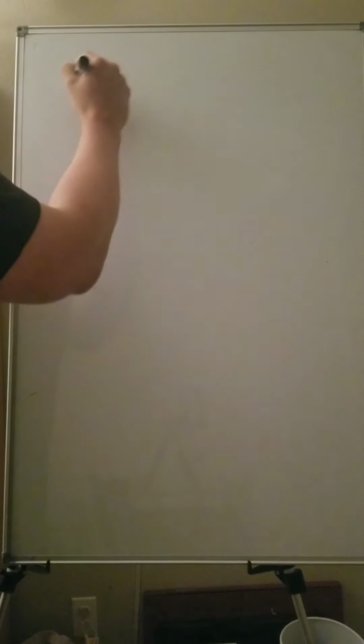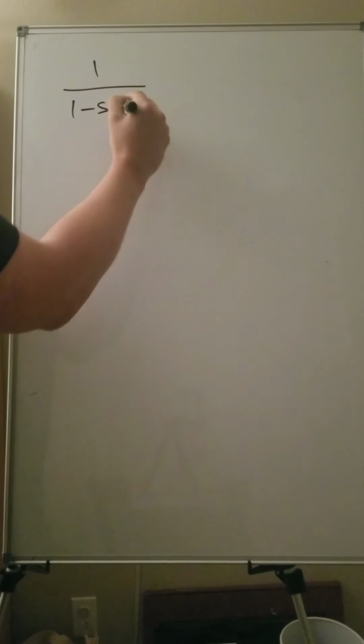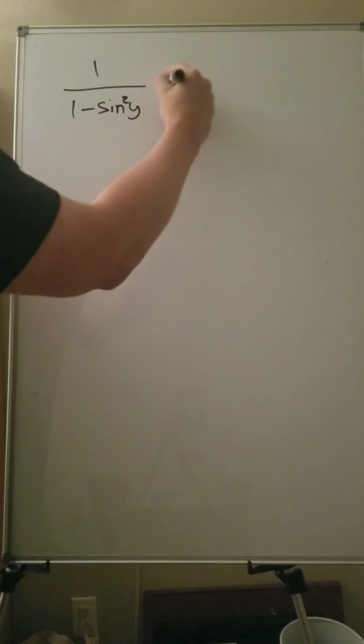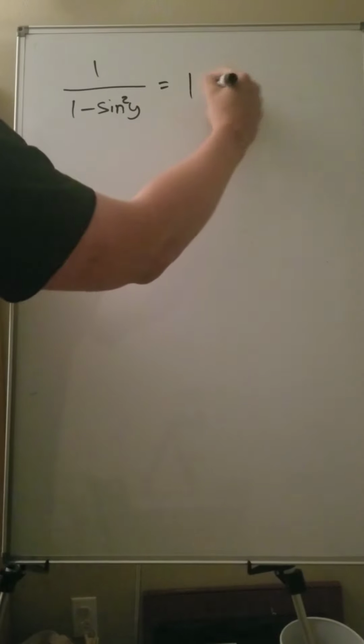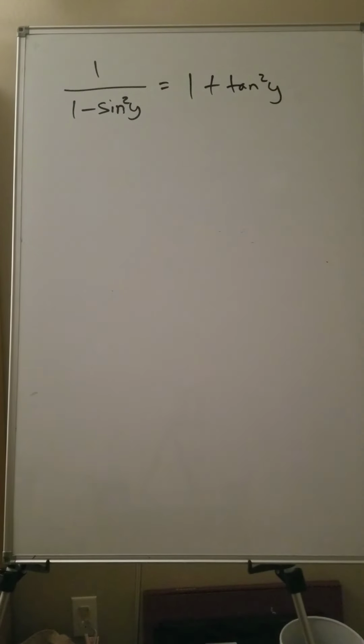Okay, number 43. I have 1 over 1 minus sine squared y, and that's supposed to be equal to 1 plus tangent squared y. So, again, choosing between the left-hand side or the right-hand side.